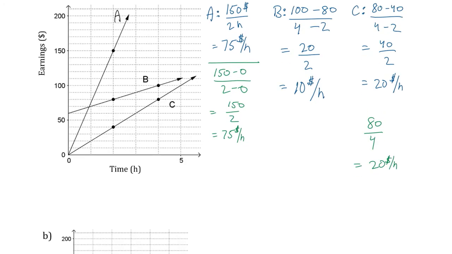The rate of change represents, sometimes you can kind of describe it with words. Sometimes you can't, and that becomes difficult. But the rate of change represents, in this case, your hourly wage. This is tricky. I'm not going to get into it too much right now.